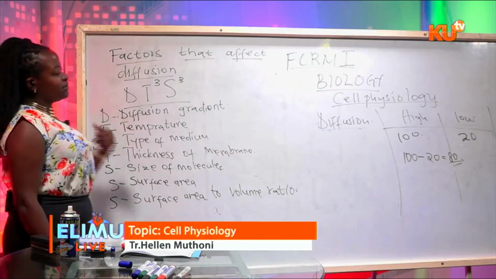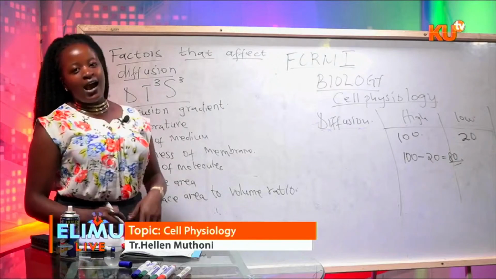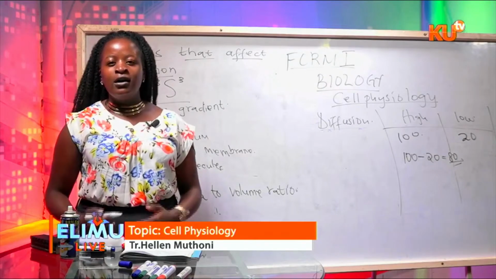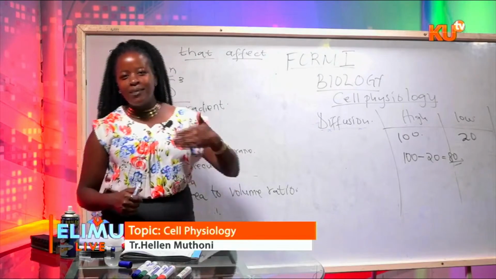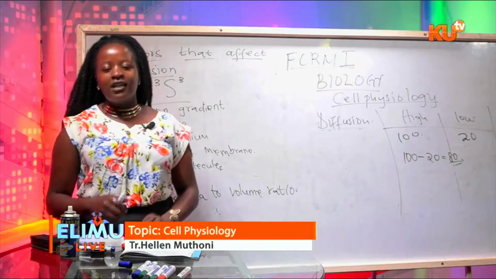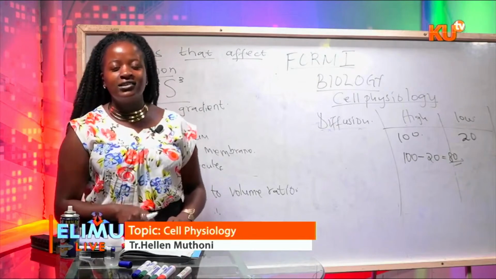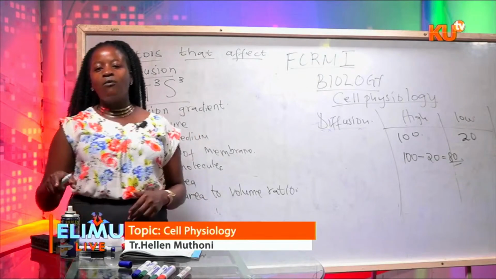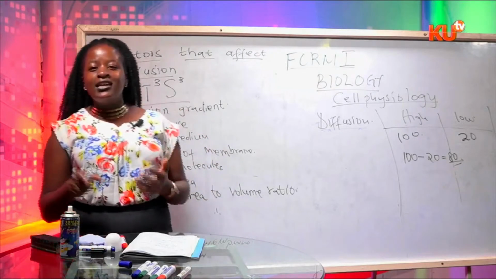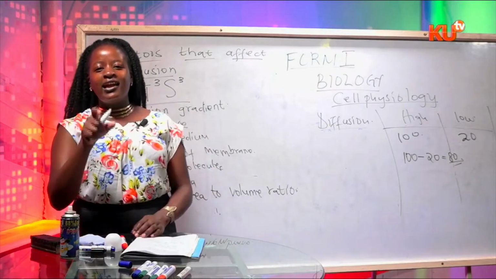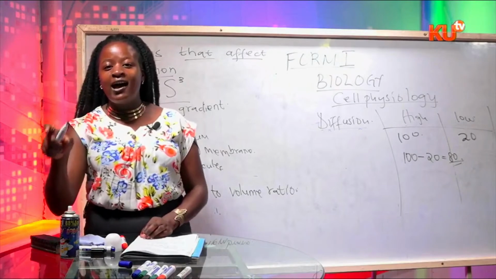We're going to start with diffusion gradient. As I had defined before, diffusion gradient is the difference in particles between the region of high concentration and the region of low concentration. So when the difference is high, the rate of diffusion is high.